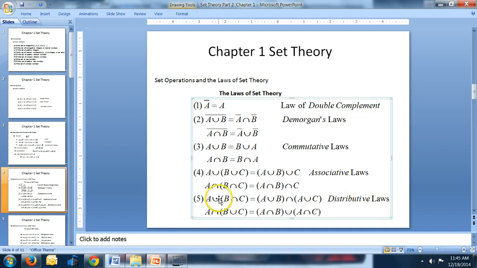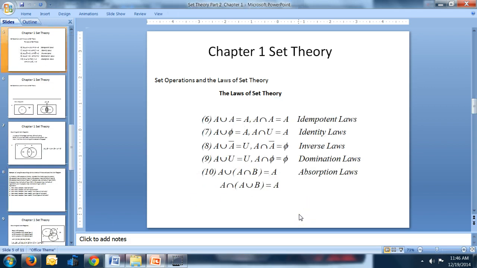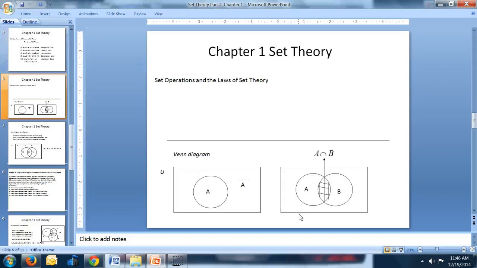It says A union (B intersection C) is equal to (A union B) intersect (A union C). The other one that I started with before, which is like multiplication, is A intersect (B union C), which is the same as (A intersect B) union (A intersect C). Some other laws that I referred to before.